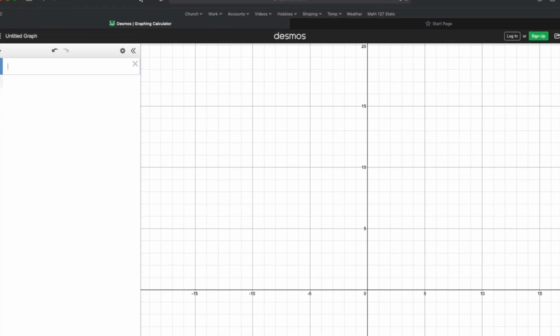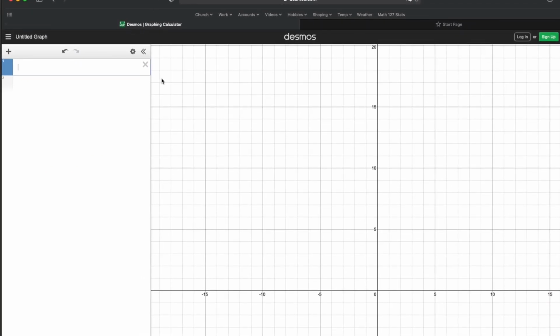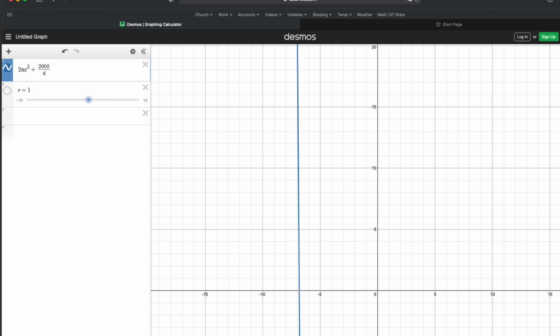We're going to have 2 pi r squared plus 2,000 divided by r. Oops, instead of r, let's just use x, so Desmos is happier with life. There we go.